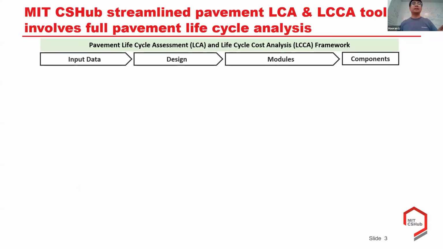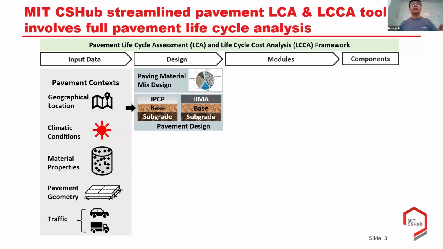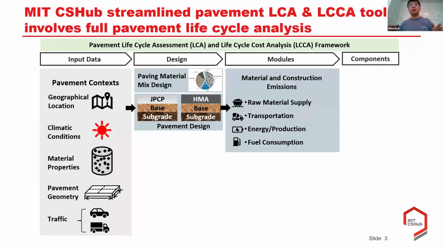For design, we're not only designing our pavement structures, the layers, but also the paving material mixture design, including the concrete mixture design as well as the hot mix asphalt design, with their subgrade and base design in the structure performance. Those mixture designs and structural implementations will be used to evaluate the initial material and construction emissions, including raw material supply, transportation, energy, and fuel consumption.